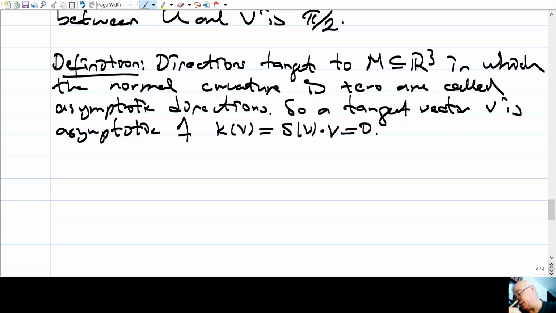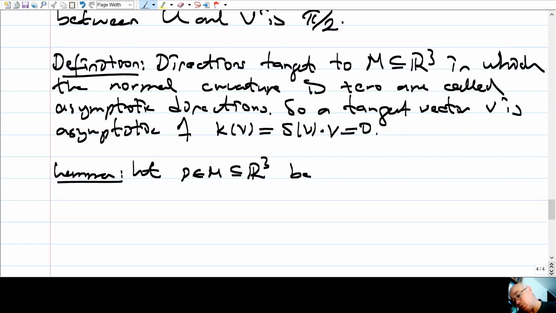Well, it is not clear that we have such directions all the time. The lemma here just explains this. So let P be a point on a surface in R3. Then we have the following.